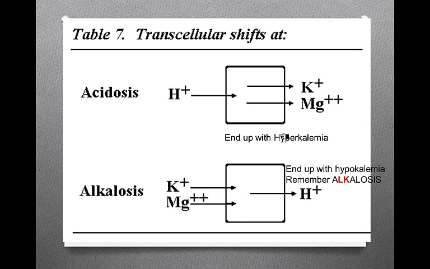Remember, hyperkalemia is potassium greater than 5. Alkalosis, you end up with hypokalemia. You can remember this by taking a look here: LK, low kalemia. So alkalosis, potassium gets pulled into the cell. Acidosis, potassium gets pulled out.